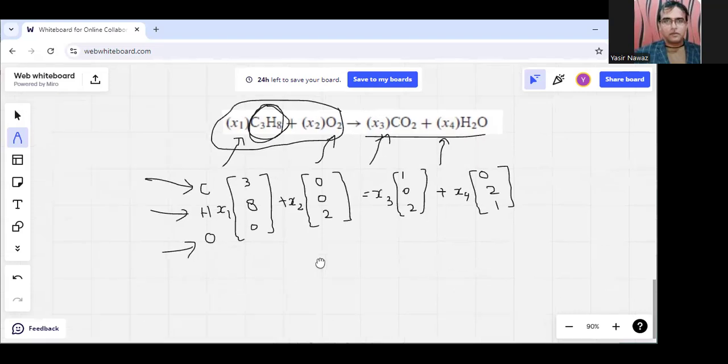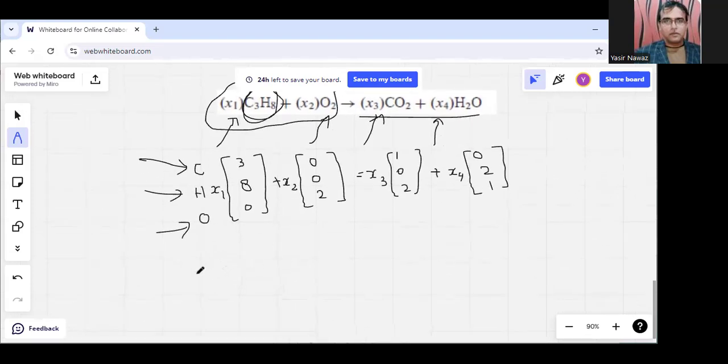Now I can bring the right hand side to the left hand side.